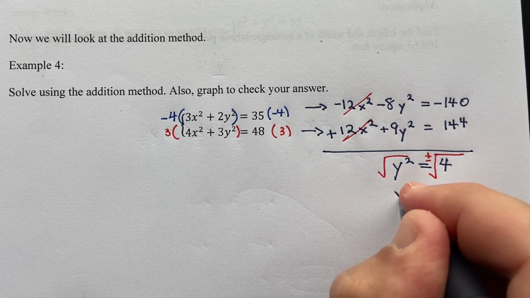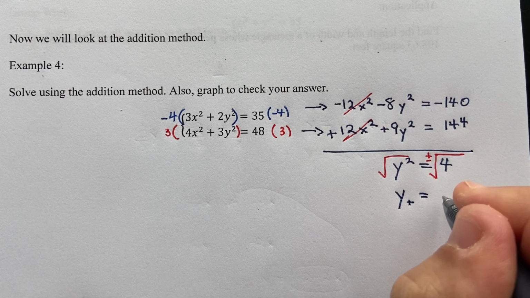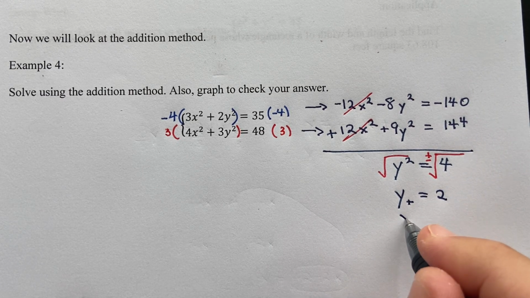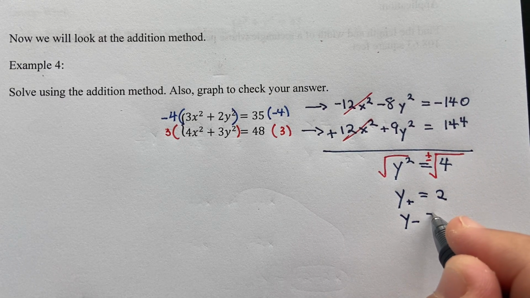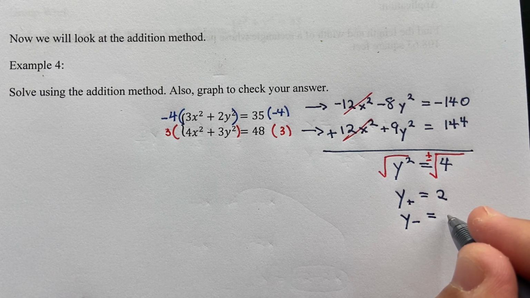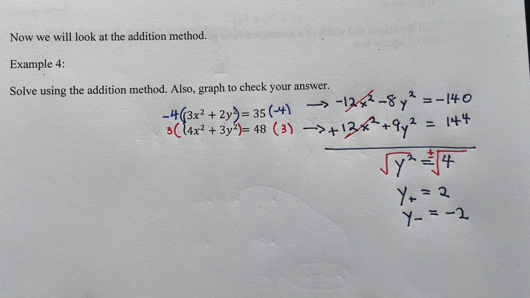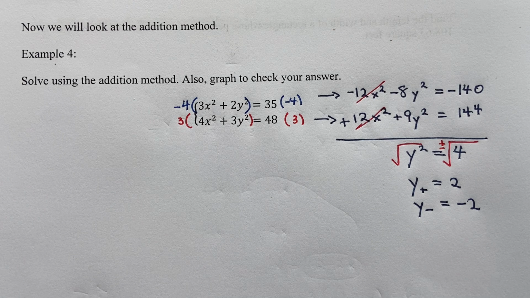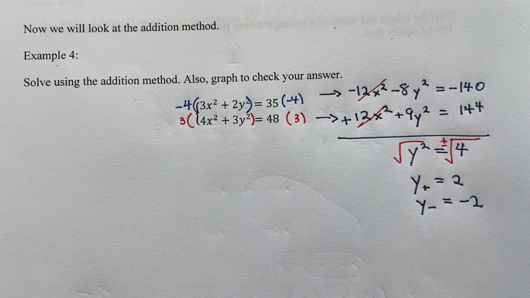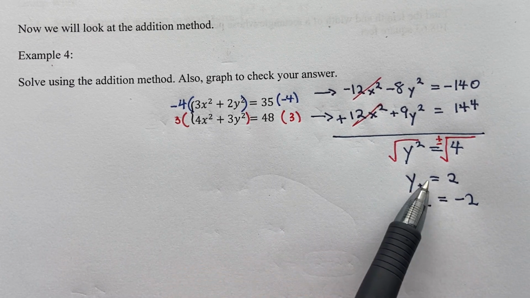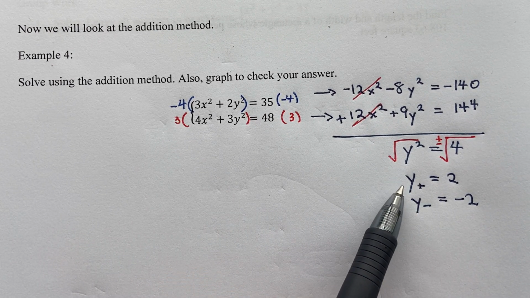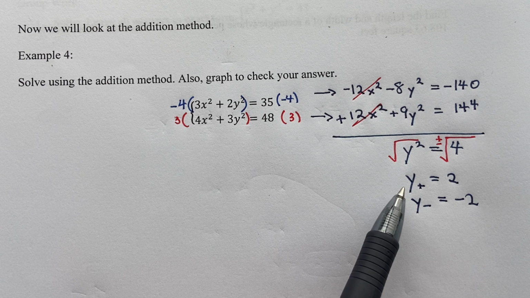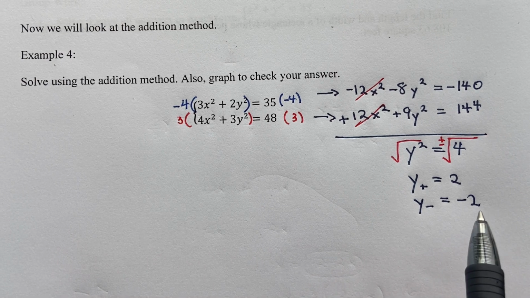So we get y plus equals 2. We get y minus equals negative 2, right? Just to keep track of them again. So that was the addition method. What you can now do is plug these back in.